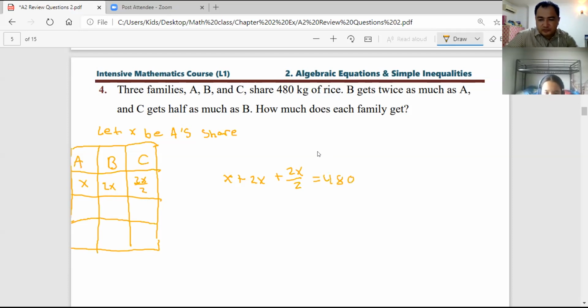What is 2x over 2? X. Then just write x, because half of 2x is just x.